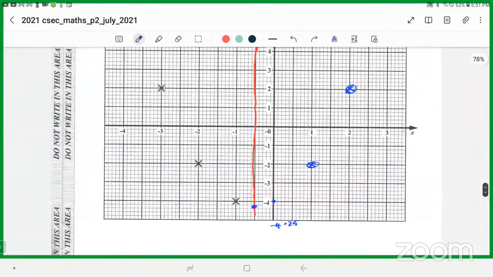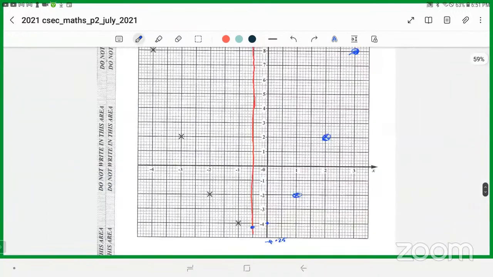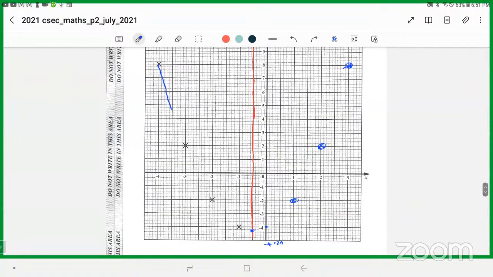So let's draw it now. It's going to go like this. That's it.